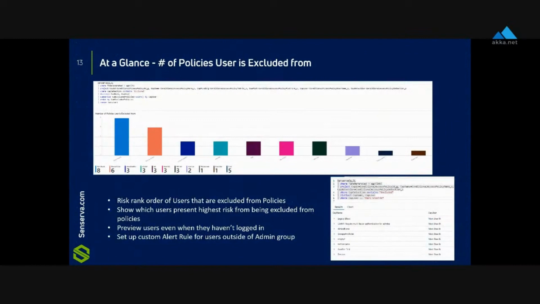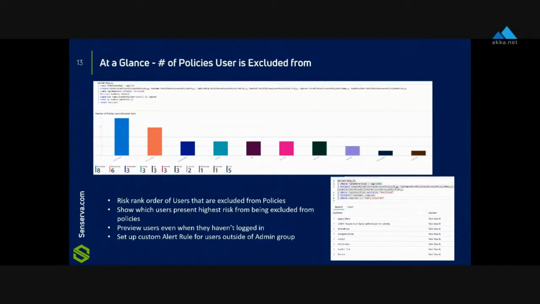Let's see. And then this is a deeper dive on one of the widgets, specifically on excluded users from policies. So you can see the query that's being run and the high level data that we're pulling out.